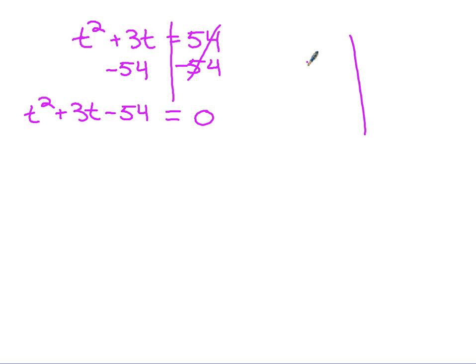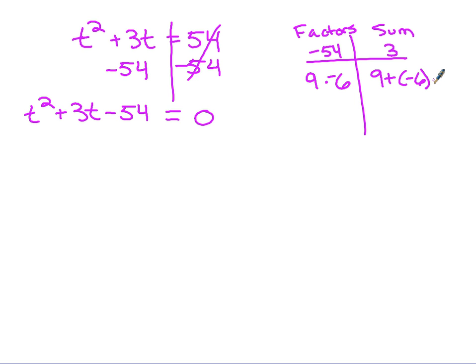So then we can ask ourselves, all right, I need factors of negative 54, and I want a sum of 3. Maybe 9 and 6. 9 times 6 is 54. I want it to be positive 3, so I'll make him negative. 9 times negative 6 is negative 54. 9 plus negative 6 is 3.